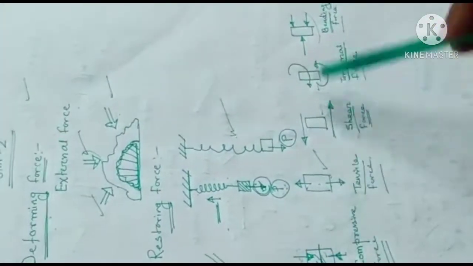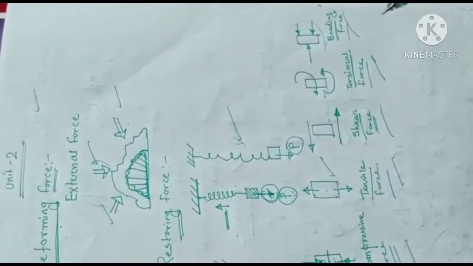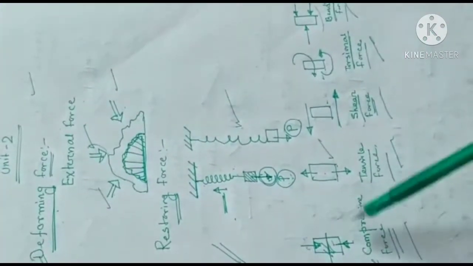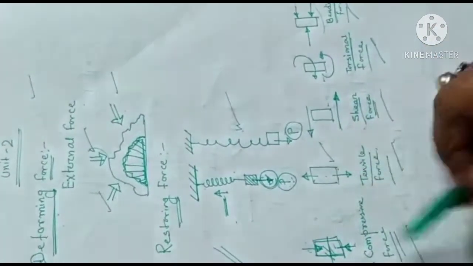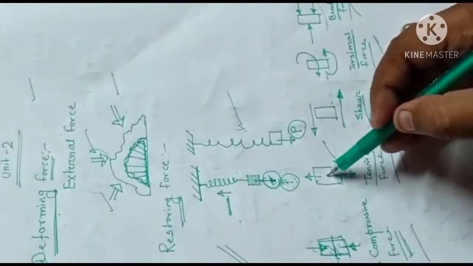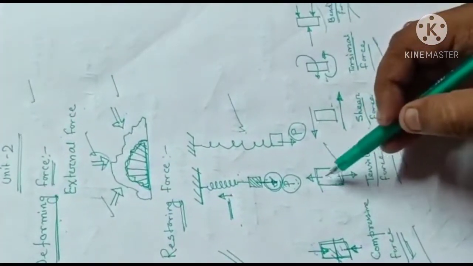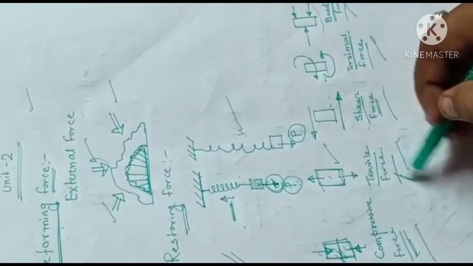And here is the application of 5 forces which is very common and you need to know and make the concept very clear. One is the compressive force. If it is a body you can see, and if the arrows push together then it is known as compressive force. In this case if it is a body of any material and the arrows pull apart it is known as tensile force.